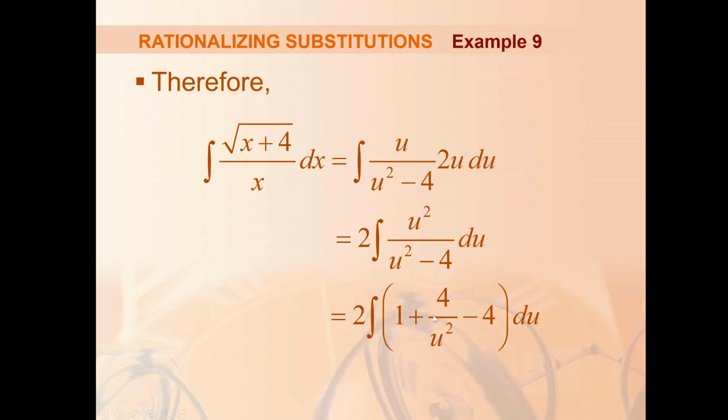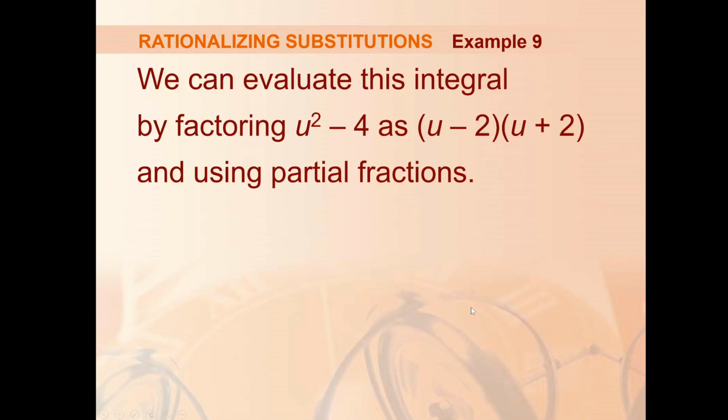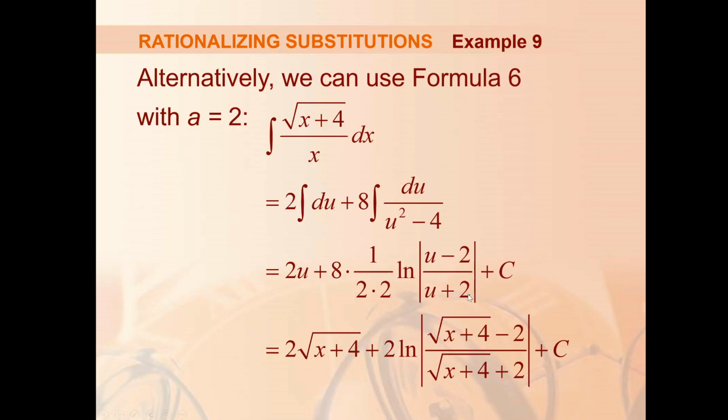Okay, so integrating it individually. And also, we can evaluate this integral by factoring u squared minus 4, if you want to do it that way. And then you have to use the partial fraction technique. So separating them out, we do have integral of du times 2, so that would be 2u.